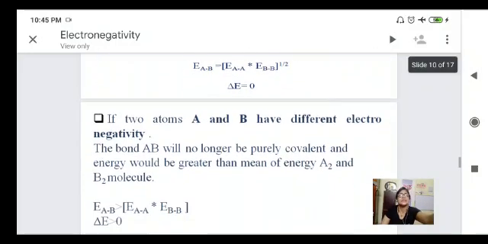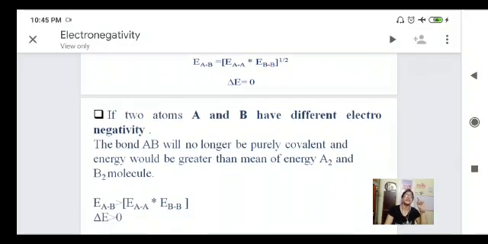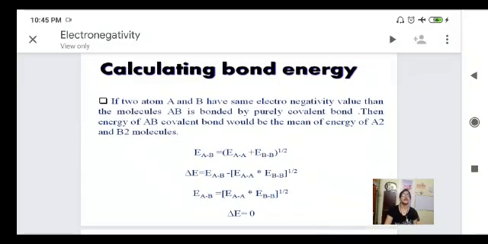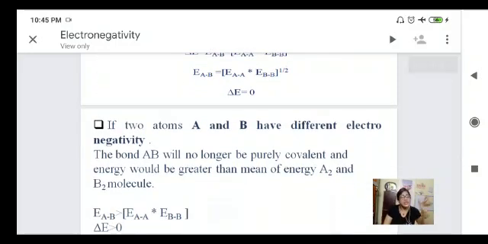Now, this calculation is all about the bond energy for a purely covalent bond, that is, when the two atoms have the same electronegativity and the electron pair is equally shared by both atoms. Now, coming to a molecule with two different atoms bonded together.